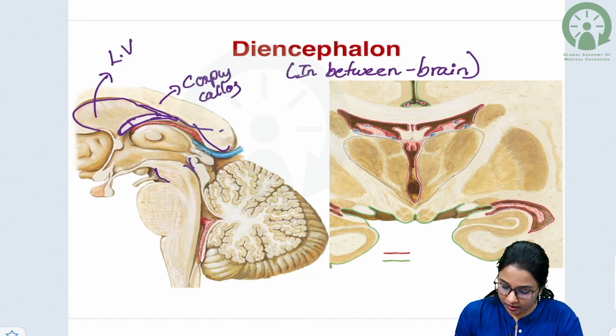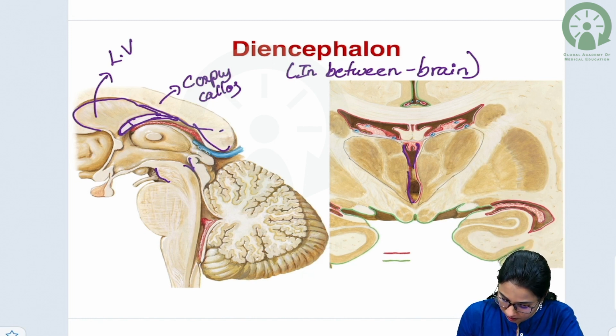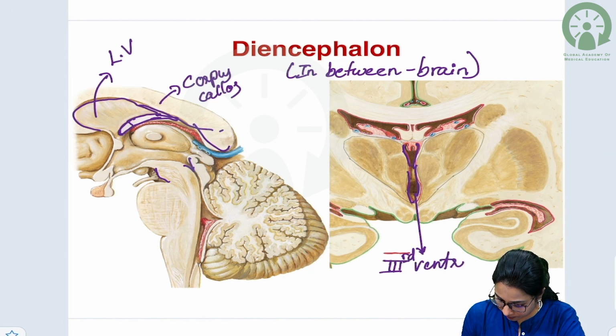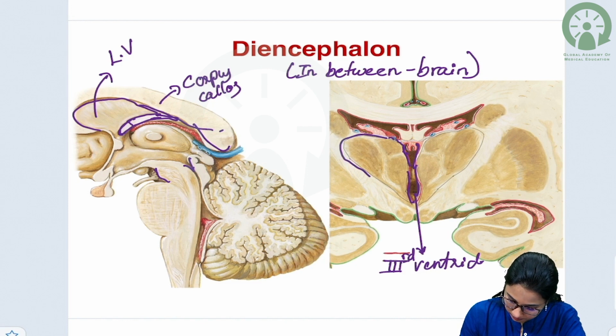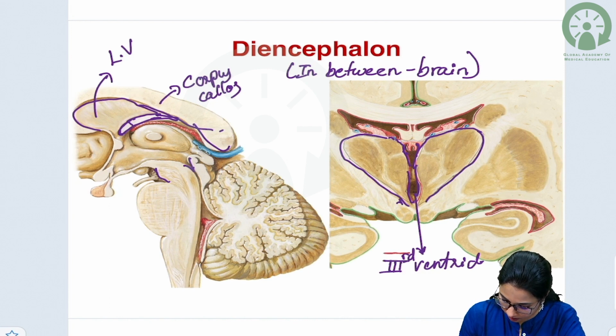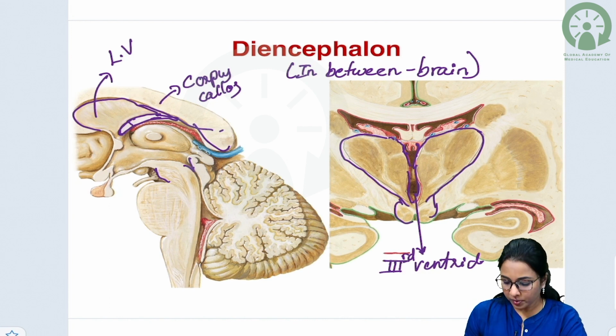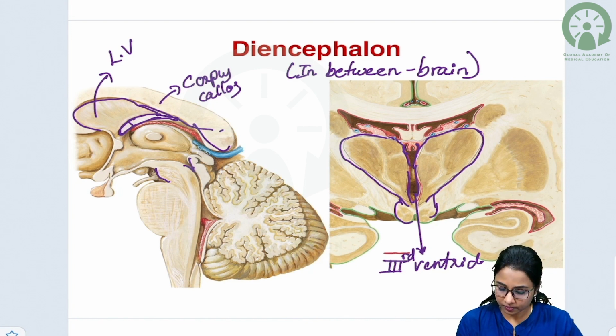In the coronal section on the other side, we can see the cavity of the diencephalon, which is nothing but the third ventricle. On each side of the third ventricle are the nuclei forming the diencephalon.